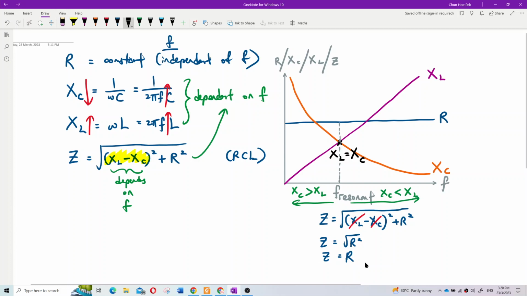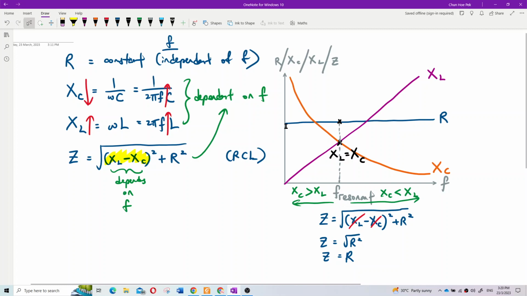So this is the graph of Z over here, because Z equals R, impedance equals R at that point. So before that it is all more than R, because this cannot be 0.